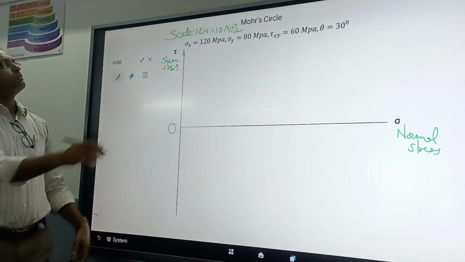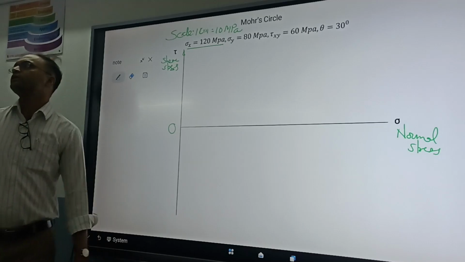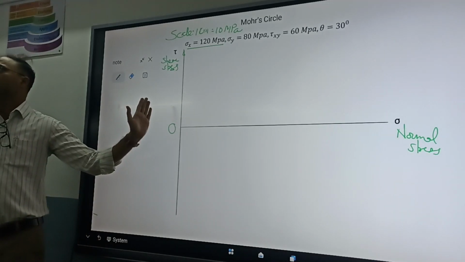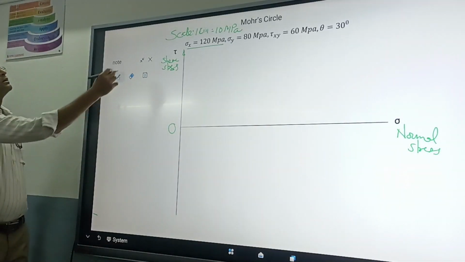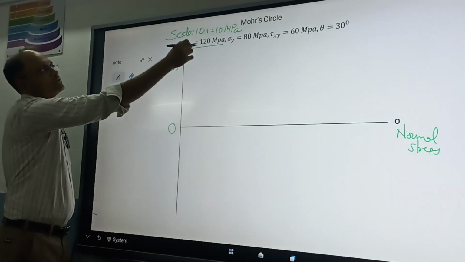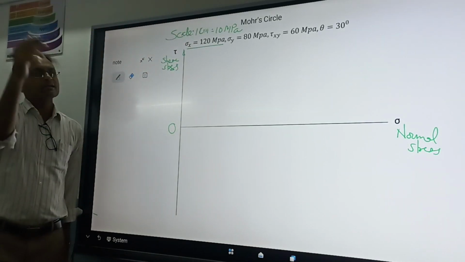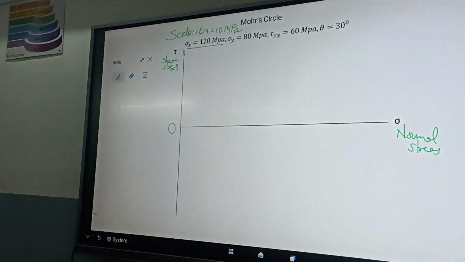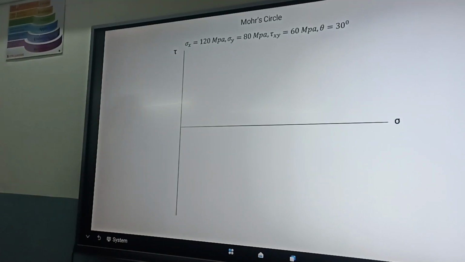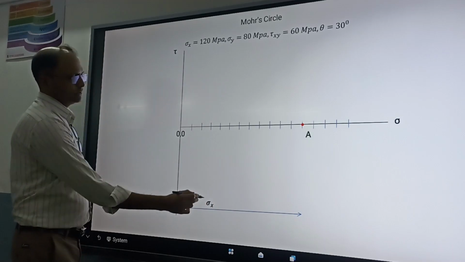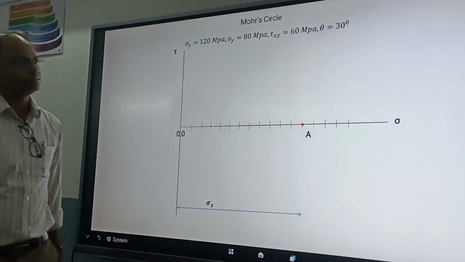On this side now we have to plot sigma x is equal to 120 MPa. That means how many centimeters? 1 centimeter is 10 MPa. So 120 MPa means 12 centimeters. So along x axis plot 12 centimeter.